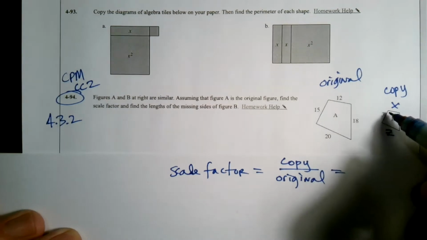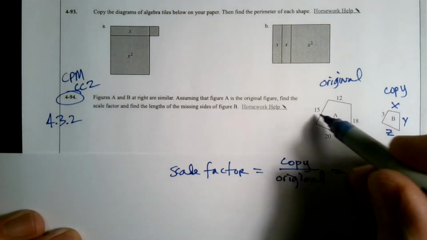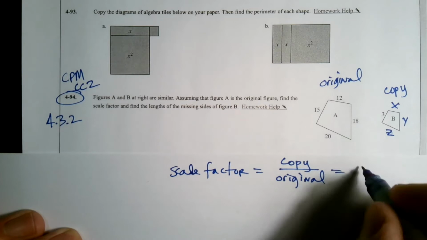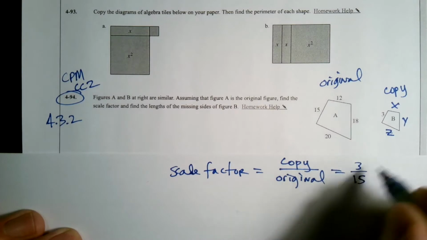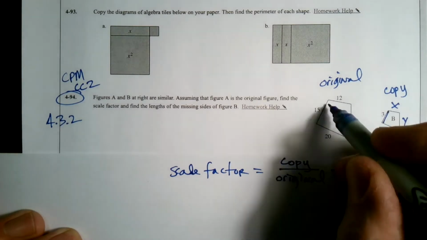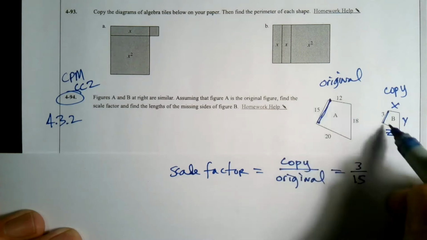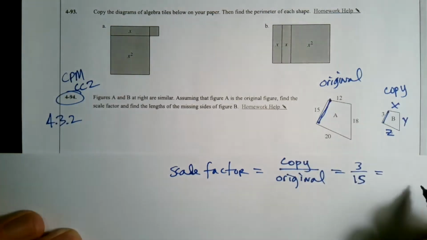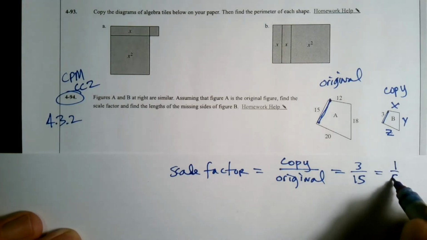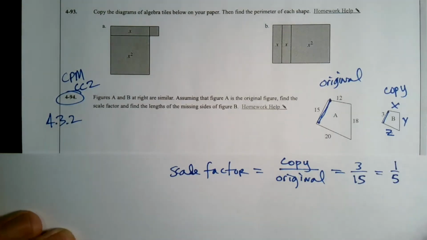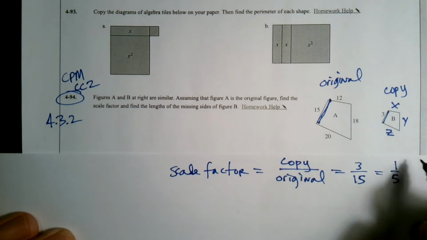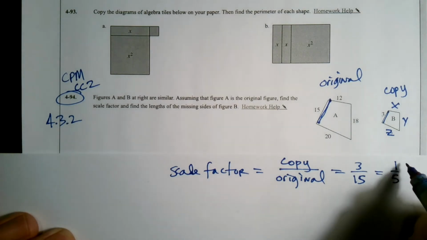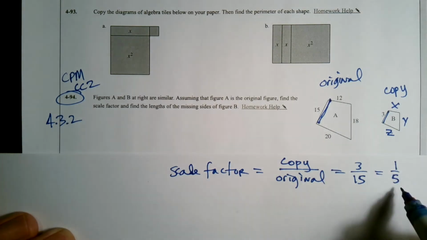My sides in the same position as 3 and 15 give 3 over 15. Those are corresponding. I can simplify that to 1/5, because 3 goes into top and bottom. My scale factor is 1/5.